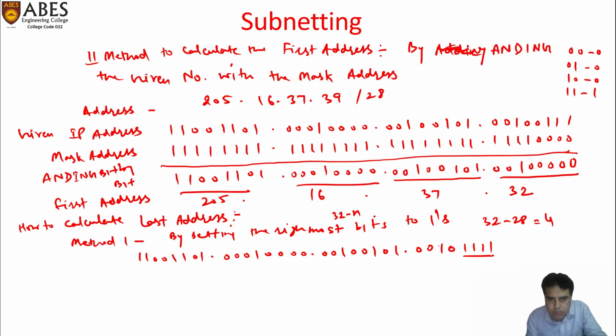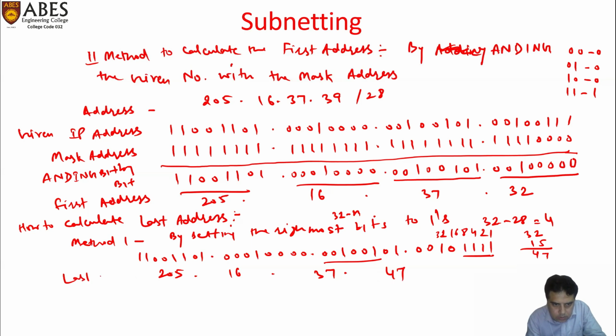Now convert it into decimal: 205.16.37.47. This is the last address.